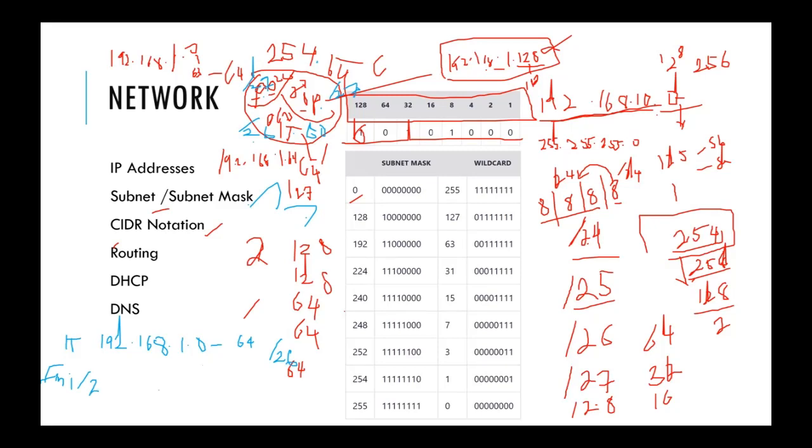So this guy will now start from 65. If I add 32, that will give me 97, and then 129, 161... and then I go again to do /27.